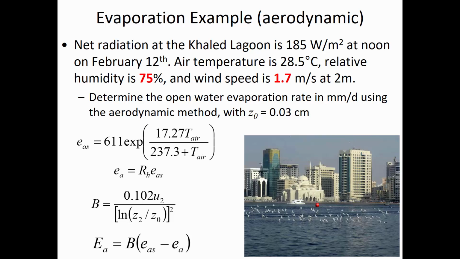Which one? The wind speed. 1.7 meters. Yep, you're right. Boy, I wonder if these are old calculations. Guess I just didn't update it. All right, yes, 1.7 is the wind speed. Thank you for noticing that. 1.7.